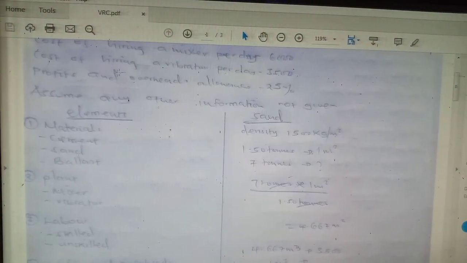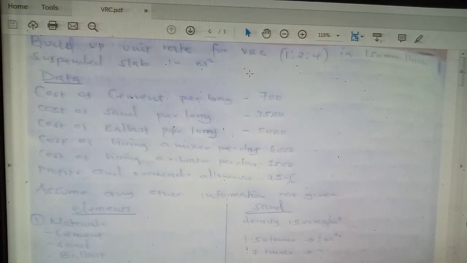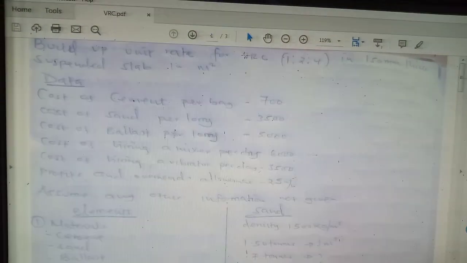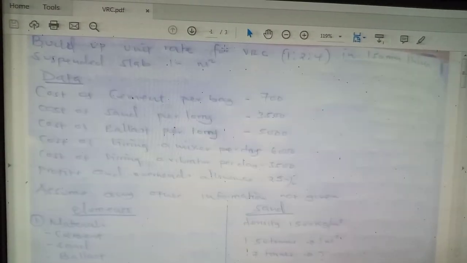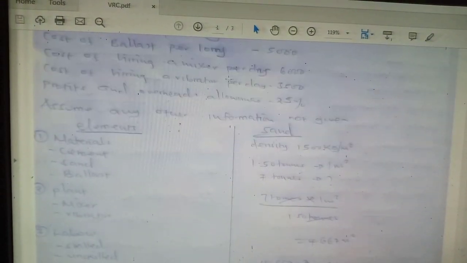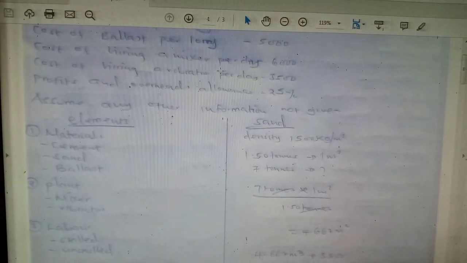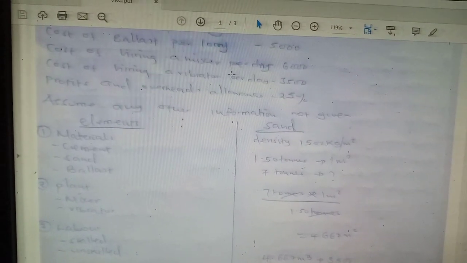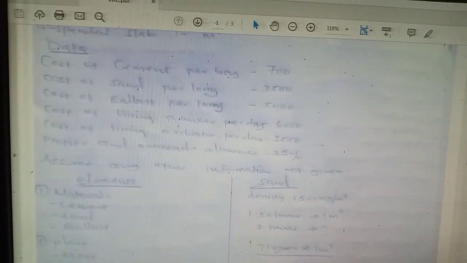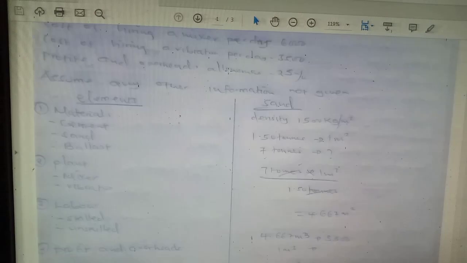Then another thing is the plants, because we've been told it is VRC, vibrated reinforced concrete. The concrete is vibrated, so you must have a plant that you'll use to vibrate the mixture. Then a mixer is another plant; the mixer will be used for mixing the concrete, so that is why it falls under plants.